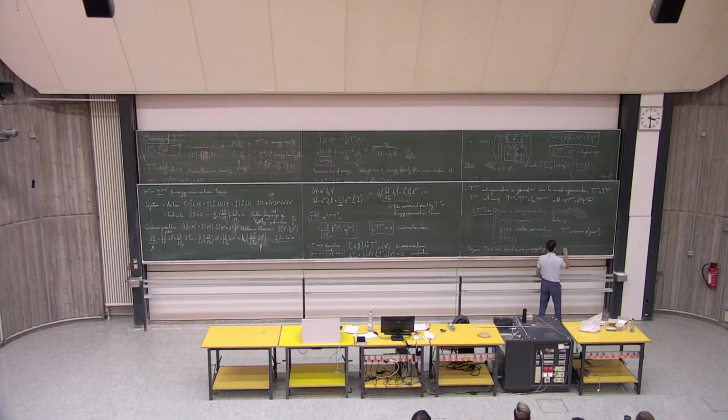Recall Newtonian mechanics. What do we have? Nabla squared of the gravitational potential is equal to 4 pi G rho. We have a link between the gravitational potential and the source.